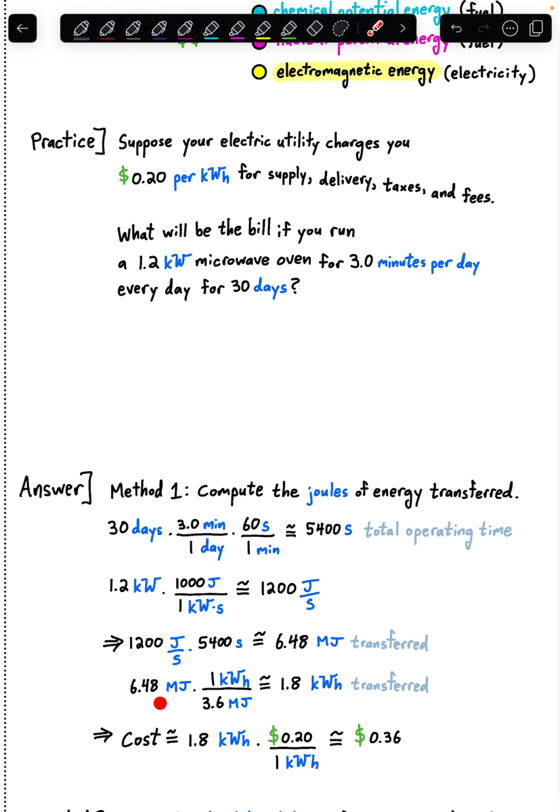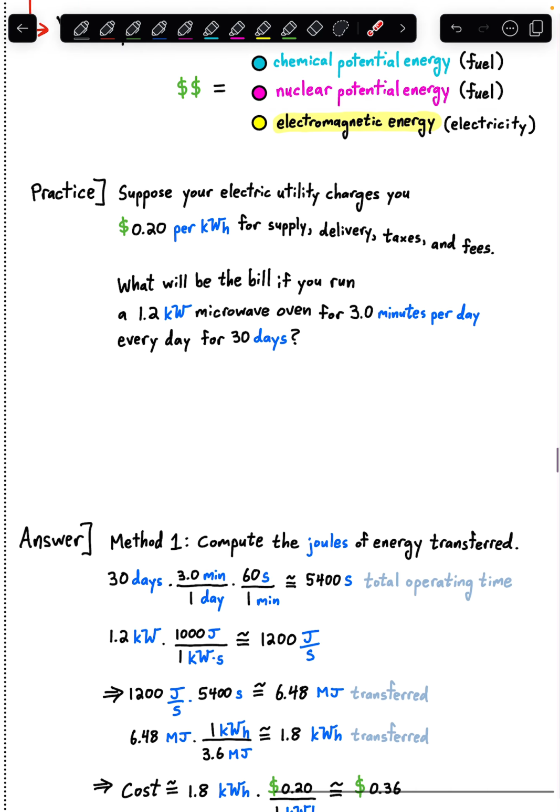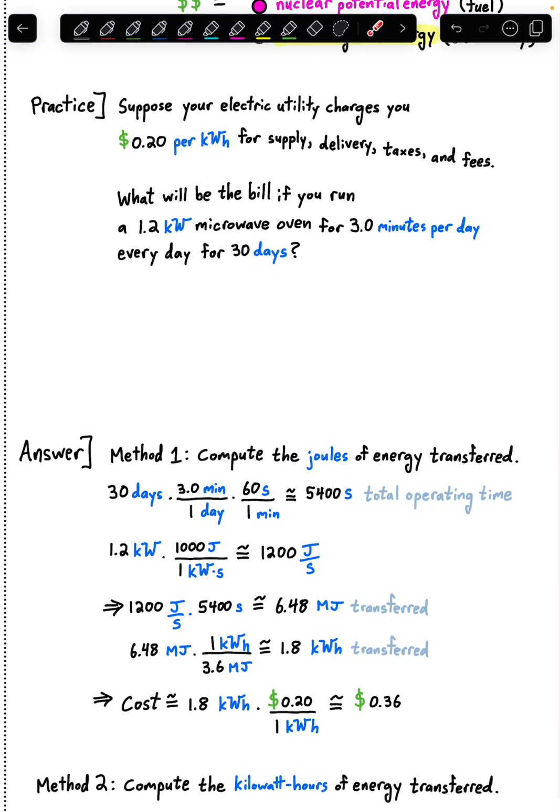So we take that 6.48 megajoules, we'll need to convert that to kilowatt hours because we're being billed per kilowatt hour. So 6.48 megajoules times our conversion of 3.6 megajoules in 1 kilowatt hour, to find out that you have used 1.8 kilowatt hours by running your microwave oven that long.